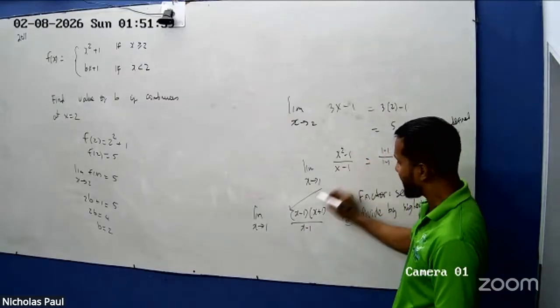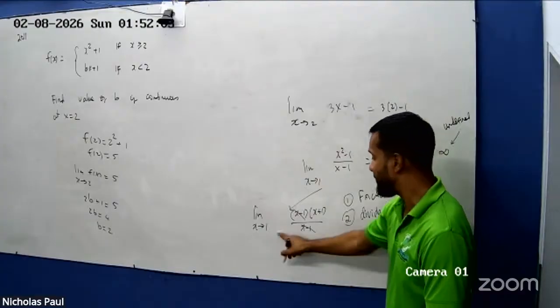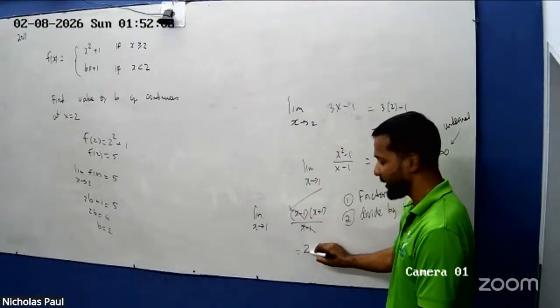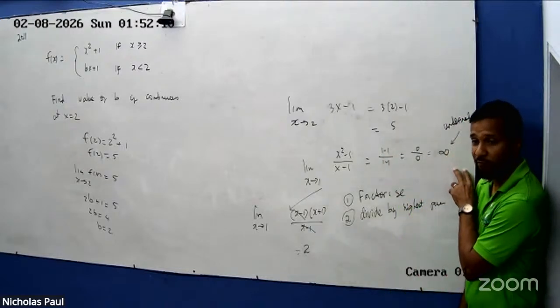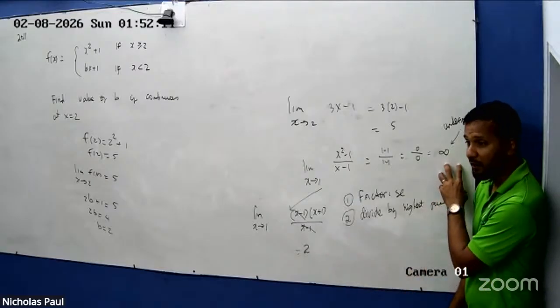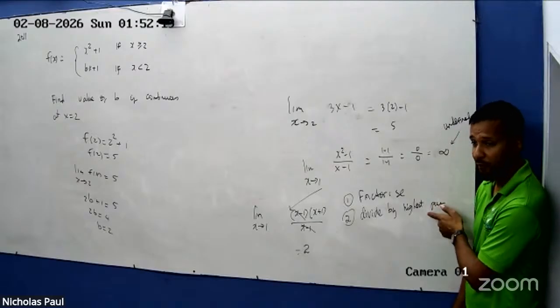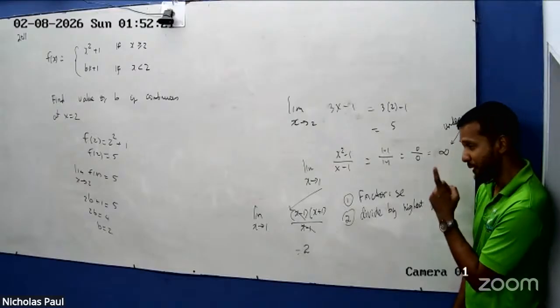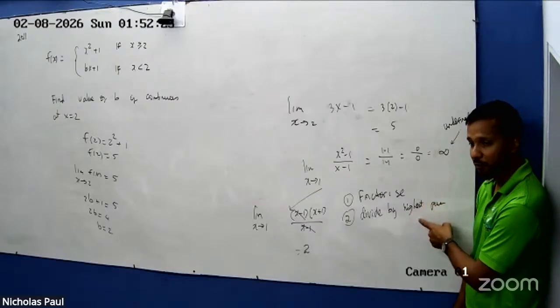So this x minus 1 will cancel. And if I plug in 1, my final answer is 2. So this indeterminate form, undefined form, is really 2. So every time you get something undefined, you have to check and see if you can simplify it further. First method you use is factorize. If that doesn't work, you divide by the highest power.